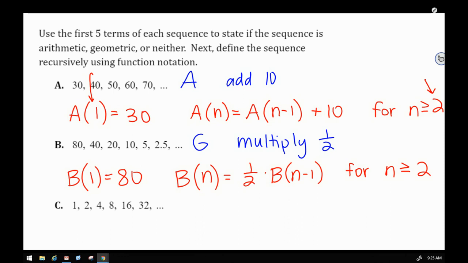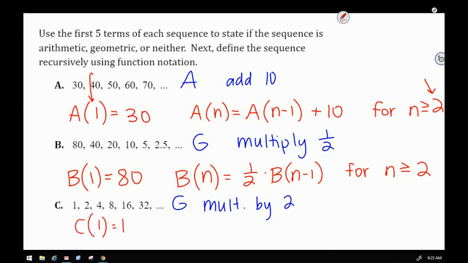Okay, before you move on, let's check this one. What's happening between each term? Multiply by 2. So is it arithmetic, geometric, or neither? Geometric. Multiply by 2. So what's my starting term? 1.